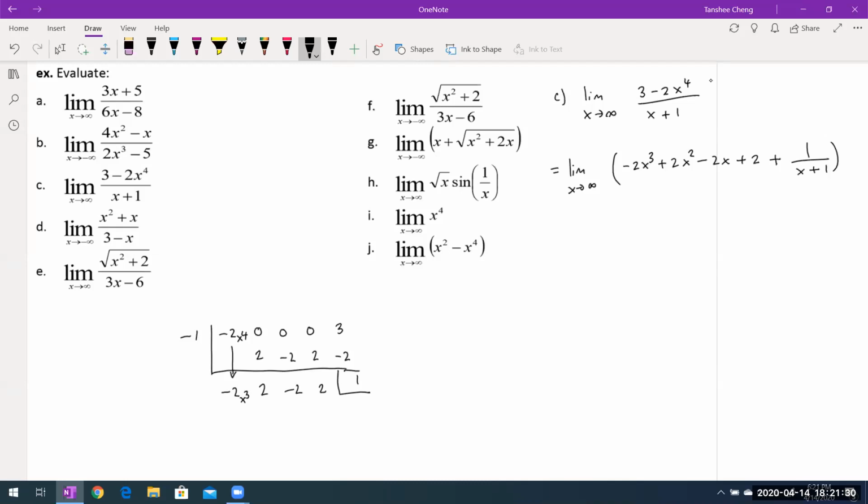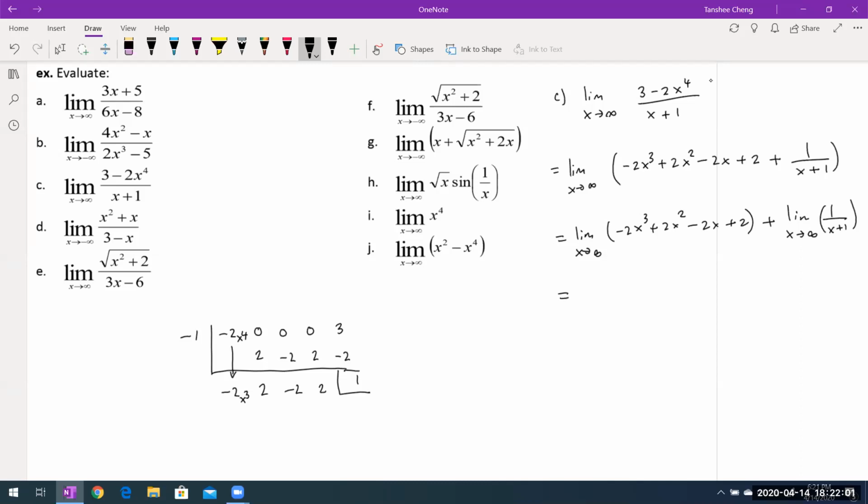So now what I can do is look at my limits, because the limit of a polynomial always exists. So I can say that limit as x approaches infinity of -2x to the third plus 2x squared minus 2x plus 2 plus, and since in the denominator x has an exponent of a rational, I can say that limit as x approaches infinity of 1 over x plus 1.